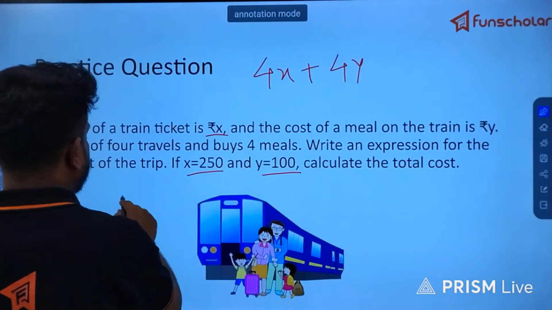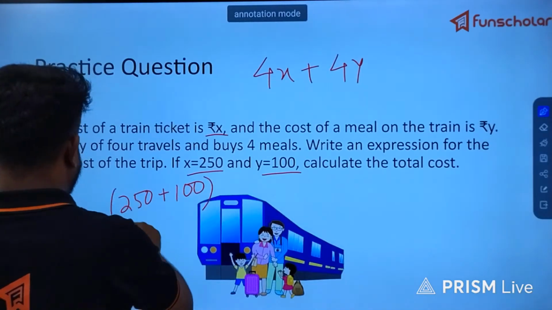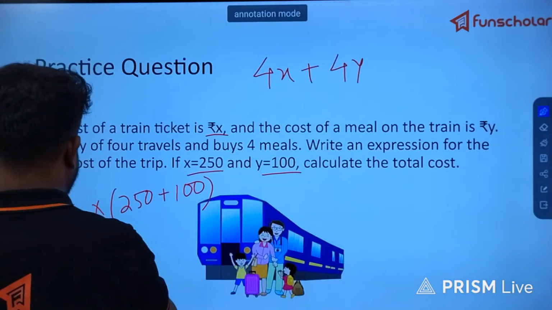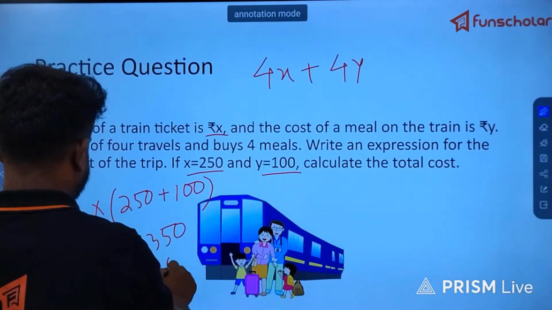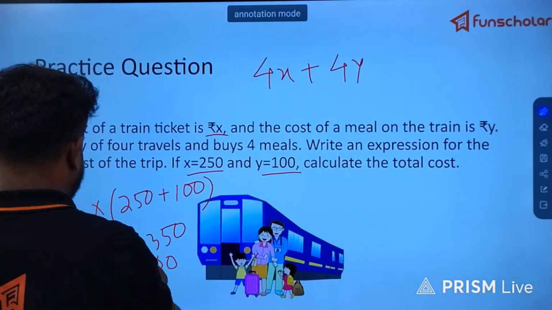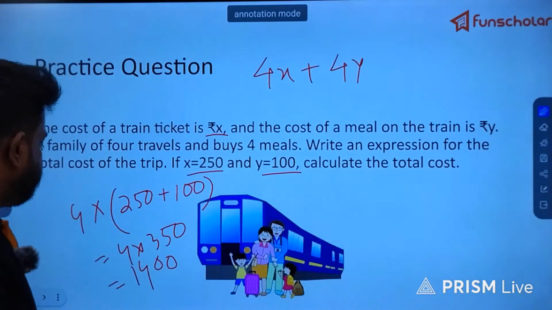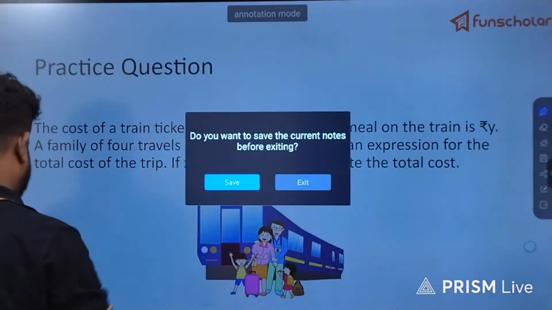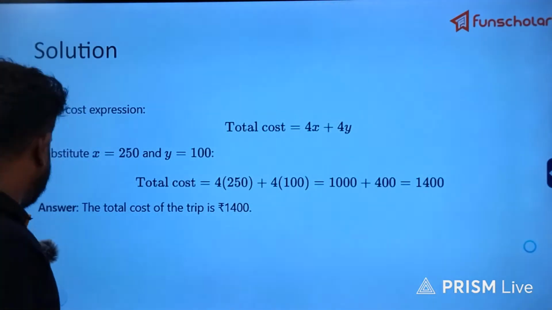So it will be 4 into 350, and the answer will be 1400.